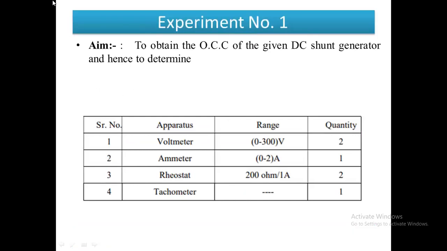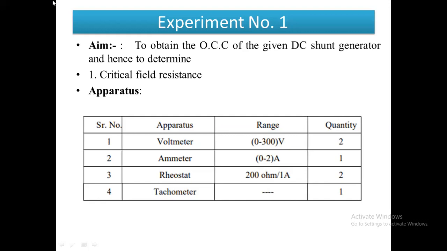The aim is to obtain the OCC characteristics, the magnetization characteristics of the given DC shunt generator, and hence to determine the critical field resistance.